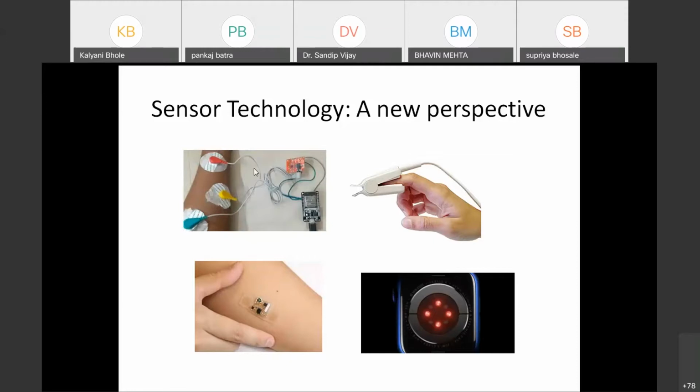We don't have long wires, we don't have such a bulky, big electronic or PCB to acquire or to amplify the signal and convert that signal into digital and then acquire. No, we have a simple small patch, and whatever circuitry or whatever things are required here, all are embedded in such a small patch. So this is the sensing, or these are the sensors.